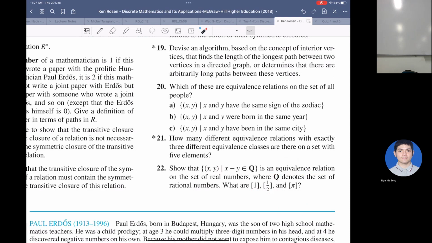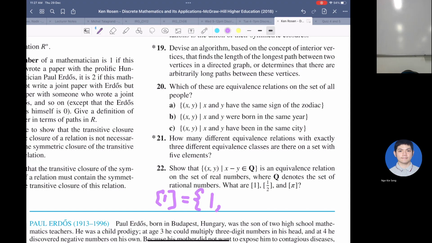What is inside the equivalence class of 1? What's the definition of the equivalence class? It is all the elements that are related to the element.